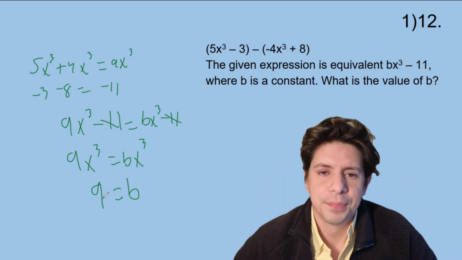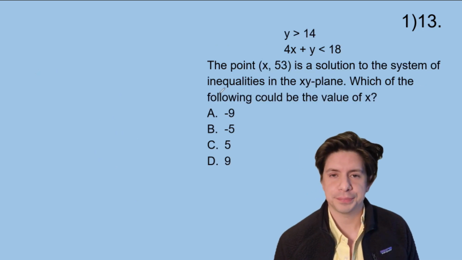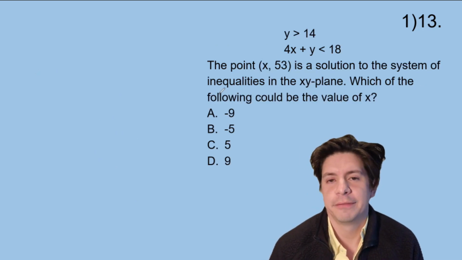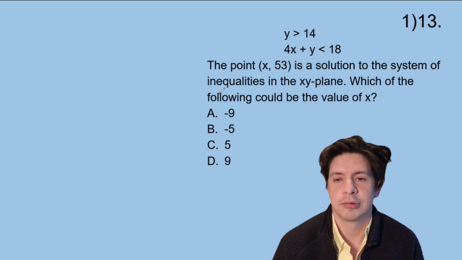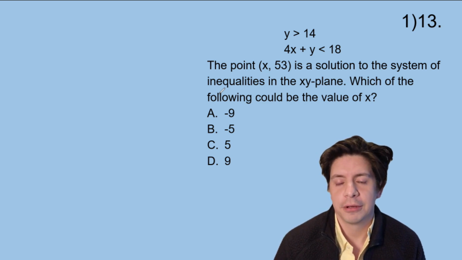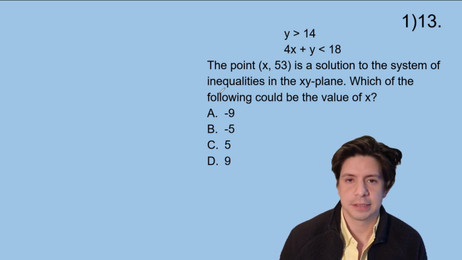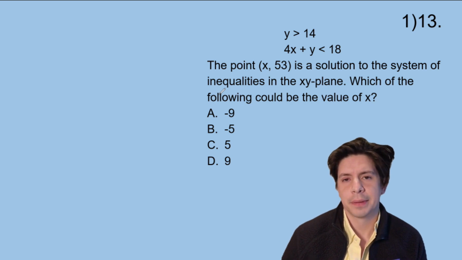The point x, comma 53 is a solution to the system of inequalities in the xy plane. Which of the following could be the value of x? Okay. So y is greater than 14, 4x plus y is less than 18.